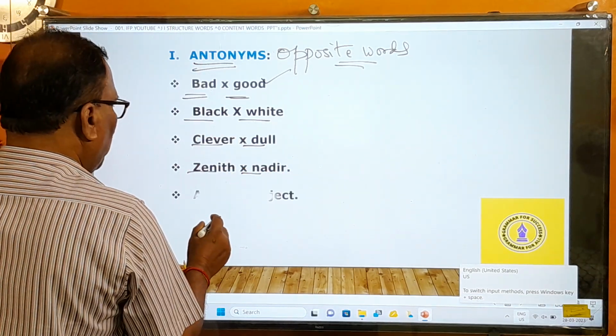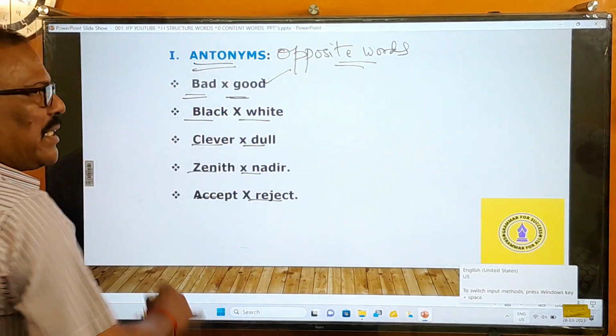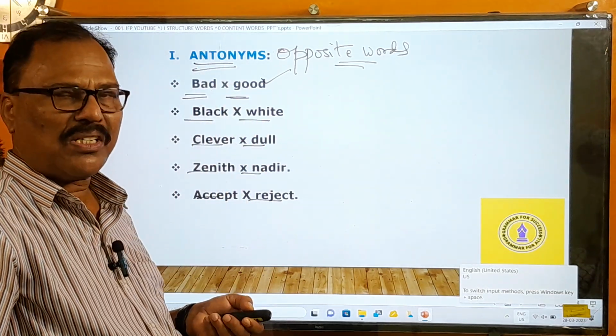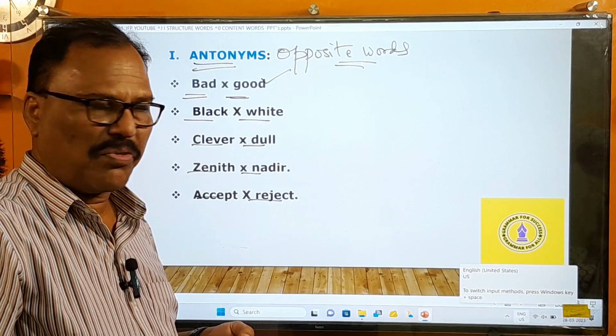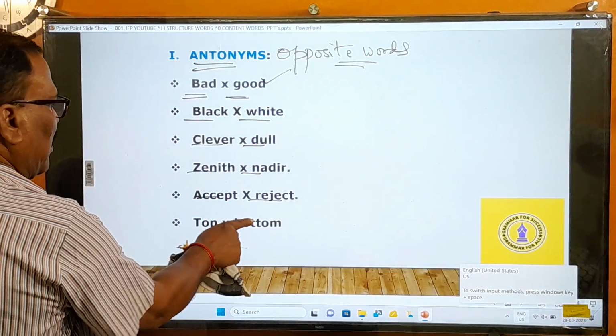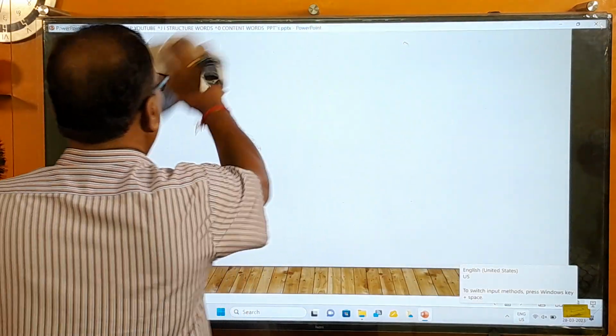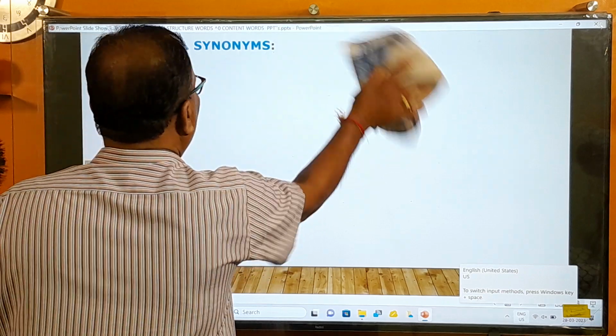And then accept, reject. So in this way, these are all antonyms. Everybody knows about these words. Antonyms means opposite words, right? Top, bottom is also there. And next you go to synonyms.